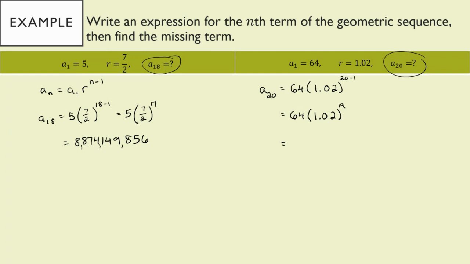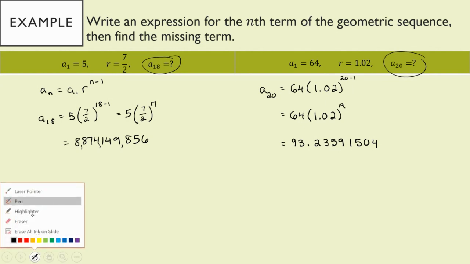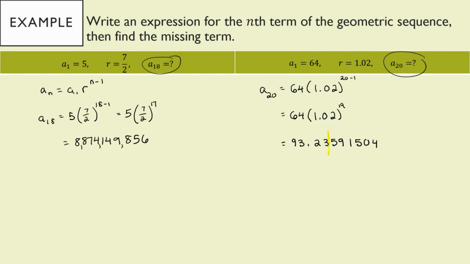And then the calculator comes in handy. 93.2359150. For something like this, because they gave us a decimal with 2 decimal places, I'd usually round it to 2 decimal places just to kind of match.